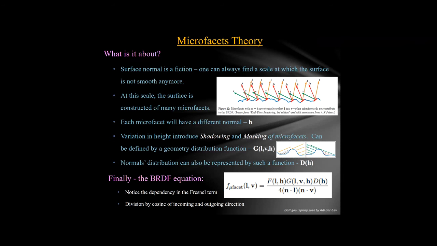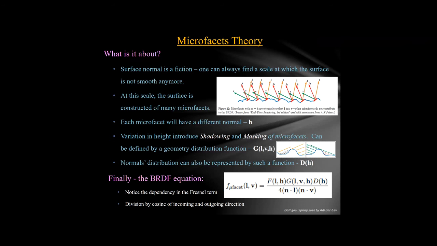And so, given that we have a normal distribution of normals on the surface, you can say that no matter where the viewer is and where the light is, we always have a microfacet normal that is exactly centered between the incoming vector and the outgoing vector to the eye, meaning that light going to the eye is exactly reflection.